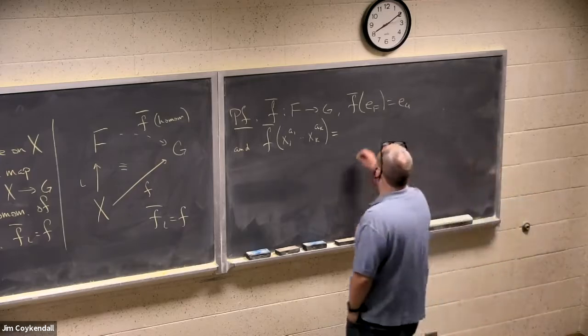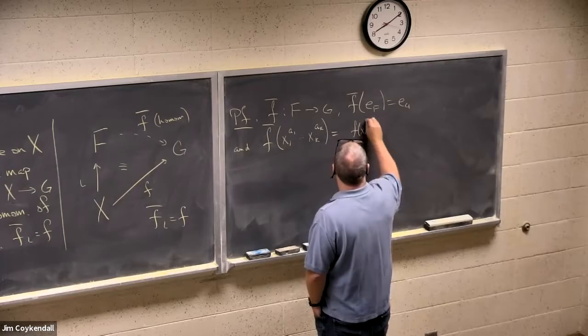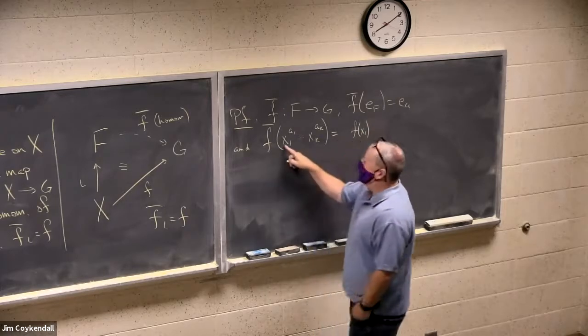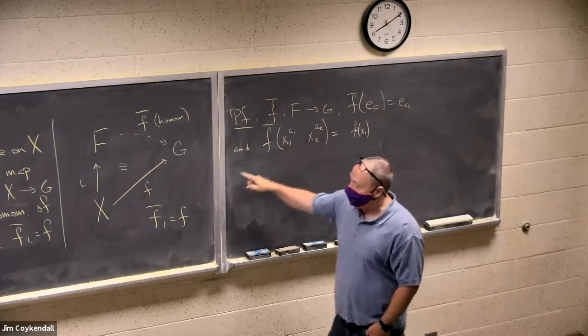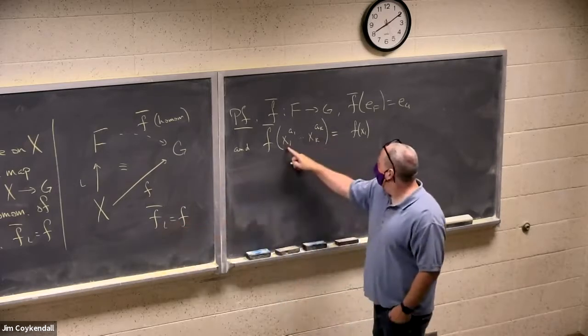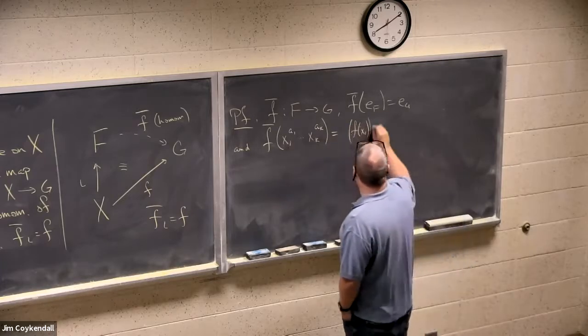Well, let's take this to x1 through xk, elements of my alphabet, right? They're elements of X. So I know f tells me where x1 goes, and I'll take that to the a1 power.